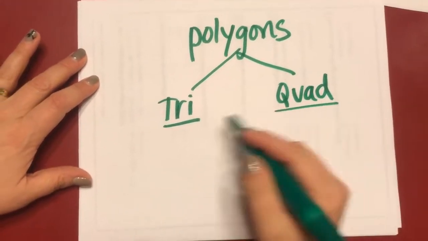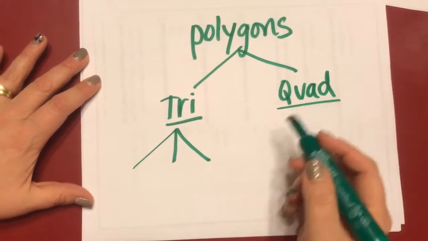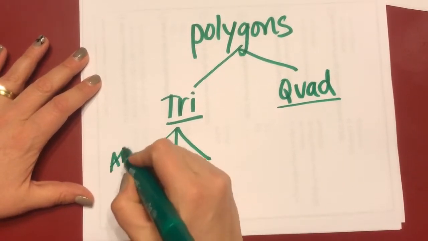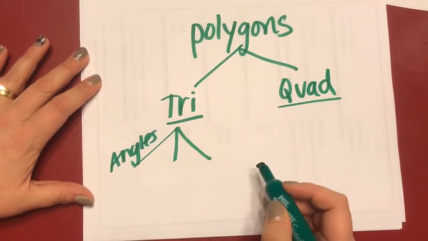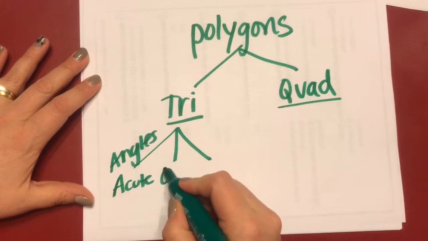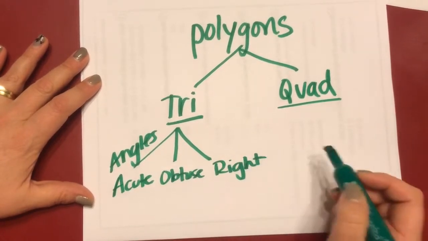Now, triangles, there are different types of triangles. We have 3 main types of triangles as categorized by their angles, what their angles look like. We have an acute triangle, an obtuse triangle, and a right triangle, okay?